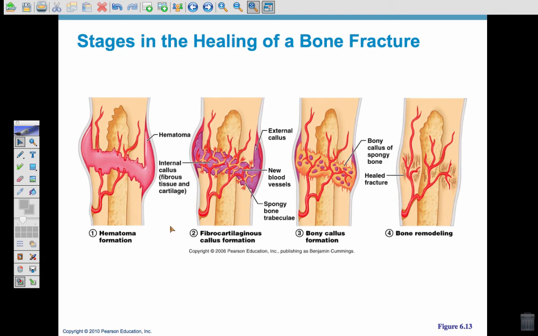Now, just to touch briefly on what happens in a fracture, it's a very important example of the process of growth and remodeling, that bone tissue can reconnect itself across a break of this sort.